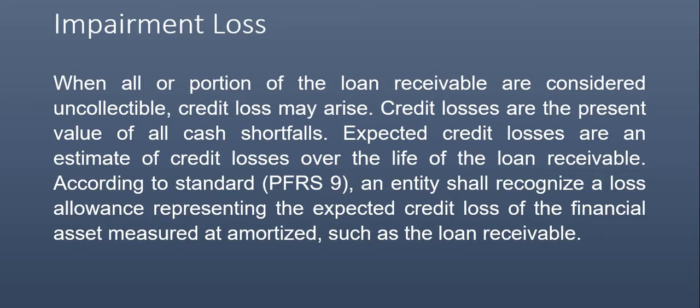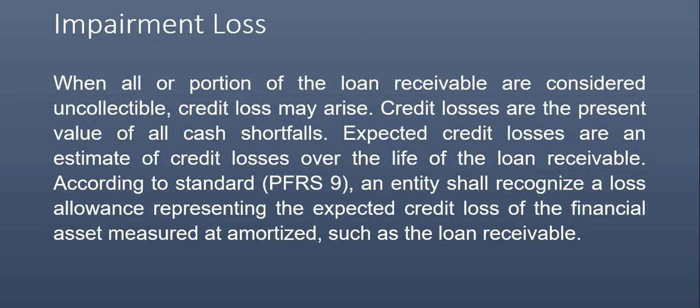A credit loss is the present value of all cash shortfalls. So when the borrower does not meet the cash payments, the present value of those cash shortfalls is what we call credit losses.